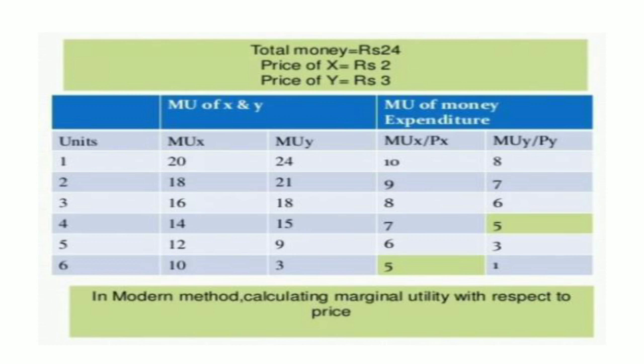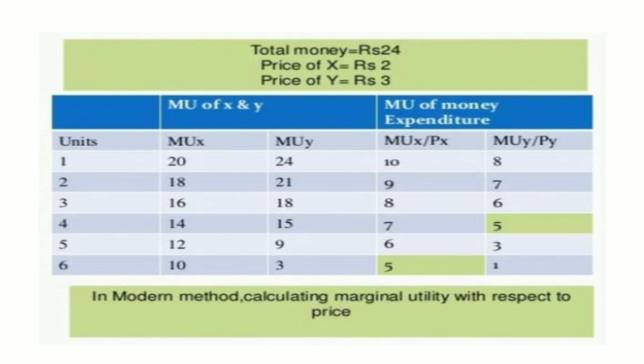Let's get the marginal utility of X and Y. For X, the price is Rs 2, so we subtract 2: 20 minus 2 is 18, 18 minus 2 is 16, 16 minus 2 is 14, 14 minus 2 is 12, and 12 minus 2 is 10.